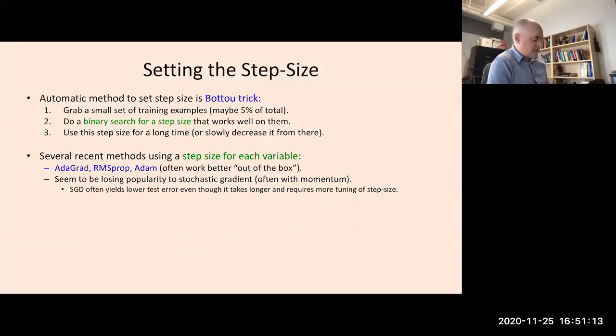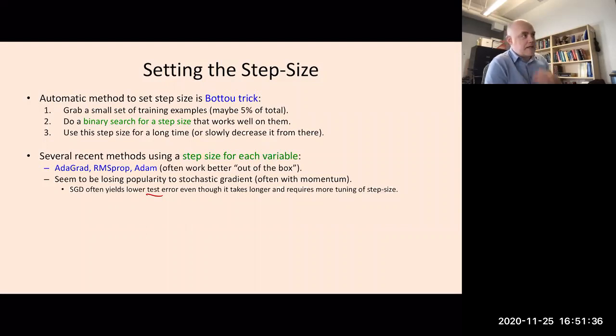However, they seem to be losing a little bit of popularity to stochastic gradient descent, often with some sort of momentum, because it has been observed that there's a special magic property of SGD. It strikes again, we've seen it a couple of times during the course, which is that in terms of test error, SGD often actually does better.